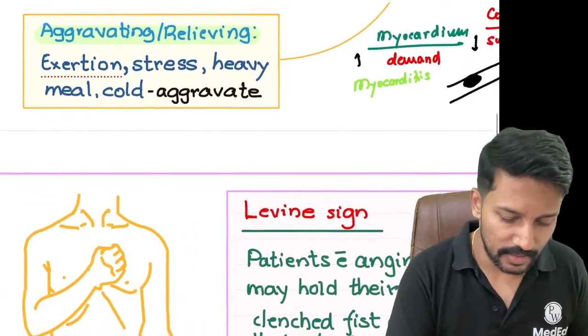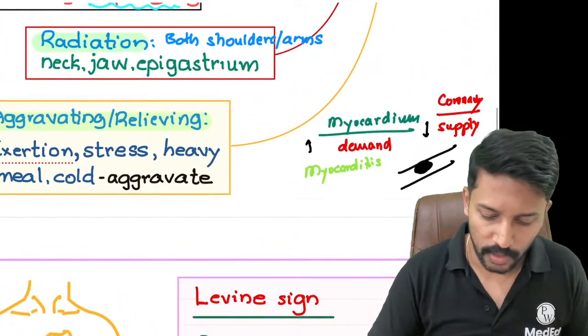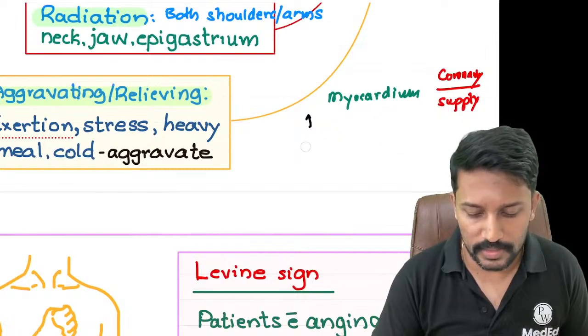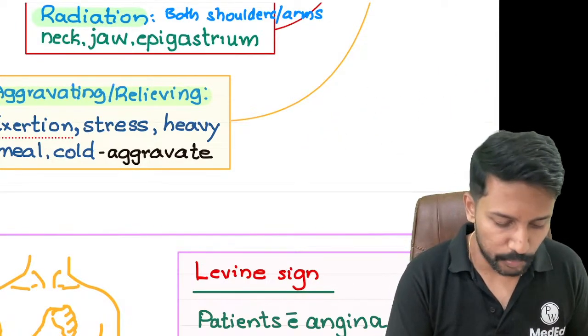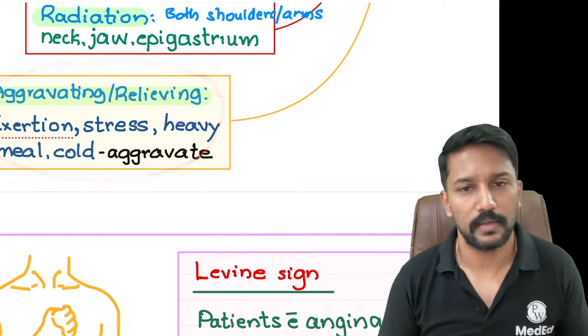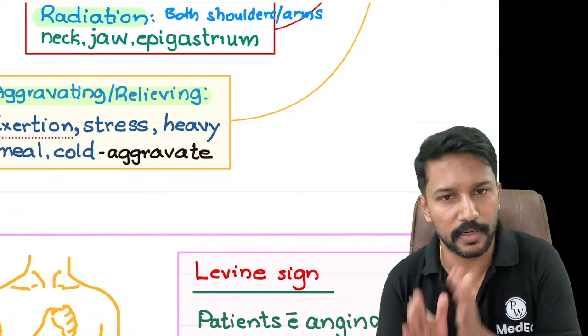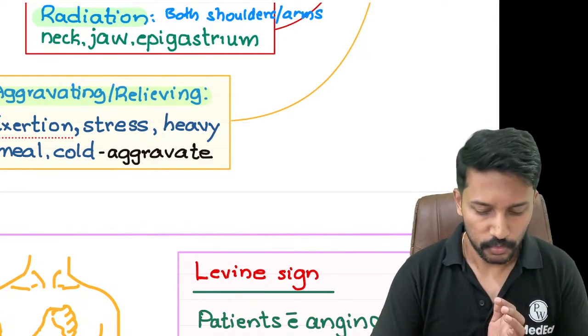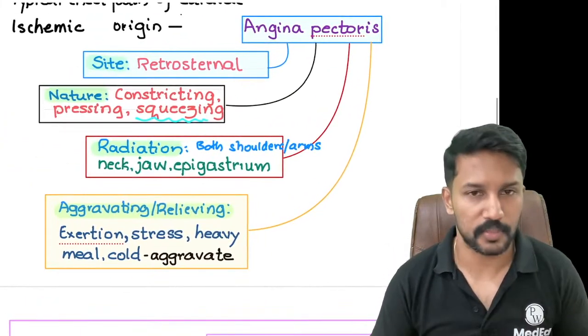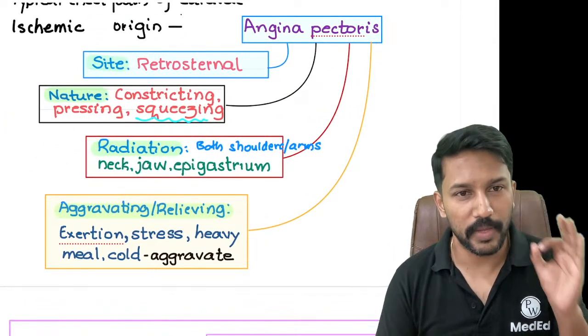So anything that creates an imbalance between the myocardial oxygen demand and what the coronaries can supply can precipitate ischemic chest pain. These are the characteristics of anginal chest pain. Three points to remember here. The pain is retrosternal.